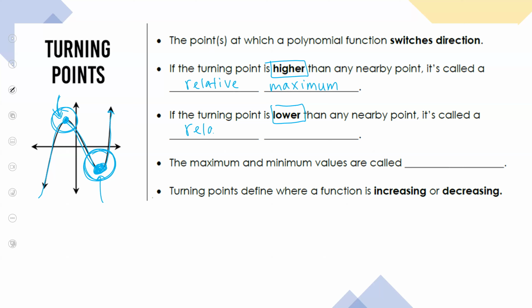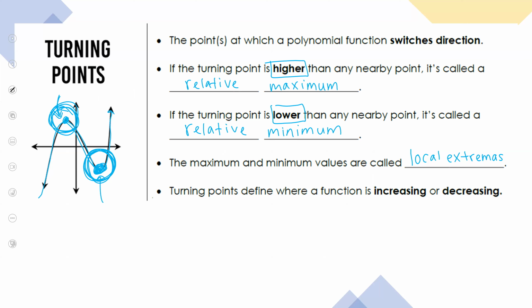Yep, relative minimum. The maximum and minimum values are called local extrema. And local because we're just talking about this area. This is the relative minimum. This is the relative maximum. We're not saying this is the maximum point overall. We're just saying it's the maximum point in this little area, okay? And we call this local extrema.